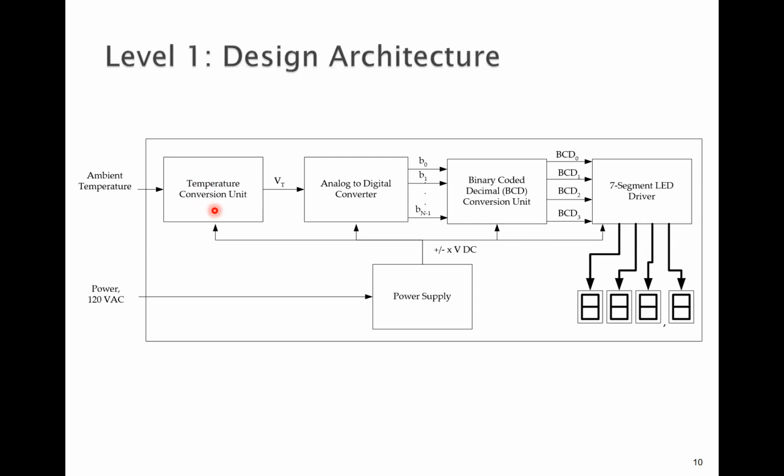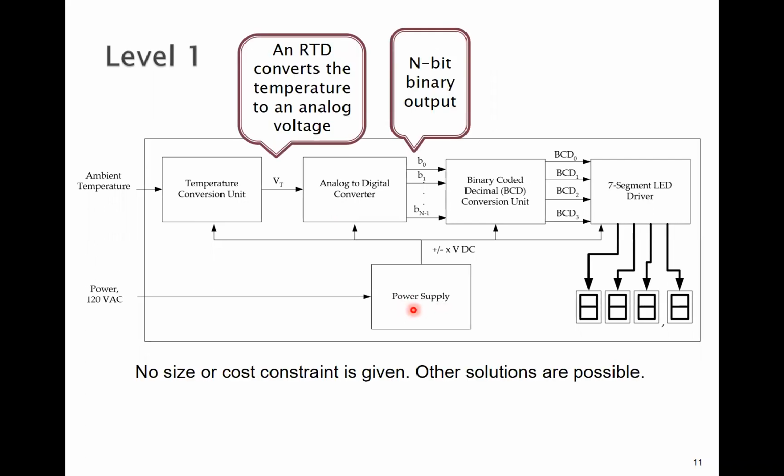It converts the temperature into voltage level. So at the output of this block, we have VT, an analog voltage. Next, we convert this analog voltage into a digital one. So we use an ADC, and then we use a BCD conversion unit to derive the display, where we need a 7-segment LED driver. So all of this should be powered up. So we need a power supply.